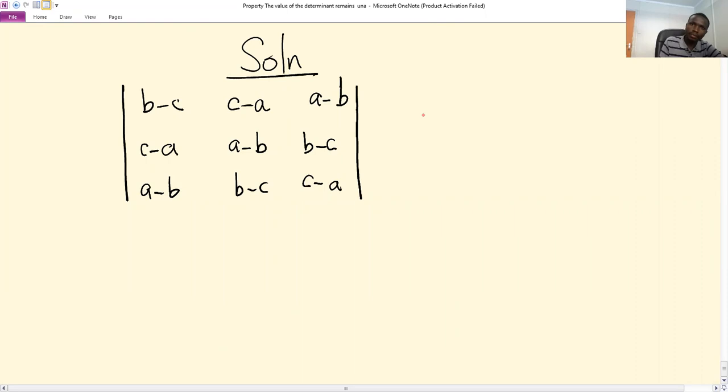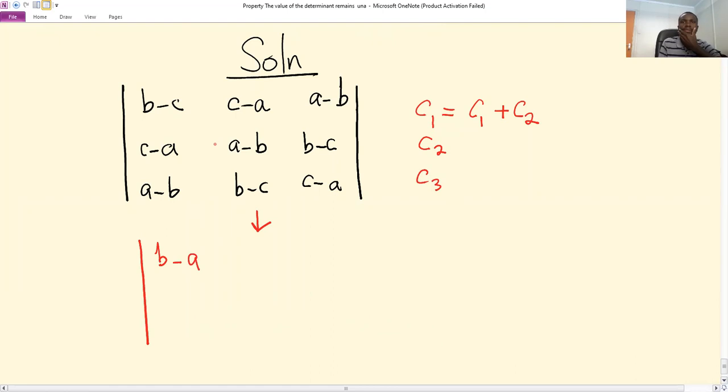let column 1 be column 1 plus column 2, and let's keep column 2 and column 3 in this step. Now when I add b minus c plus c minus a, I get b minus a, because minus c plus c is 0.